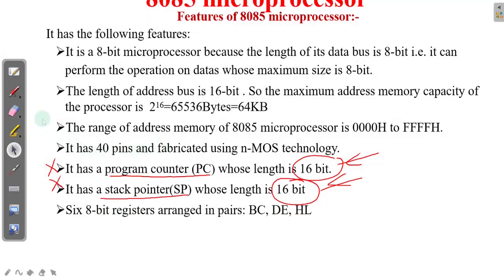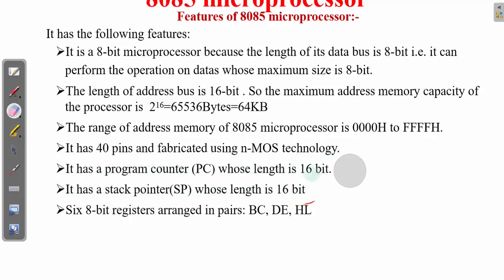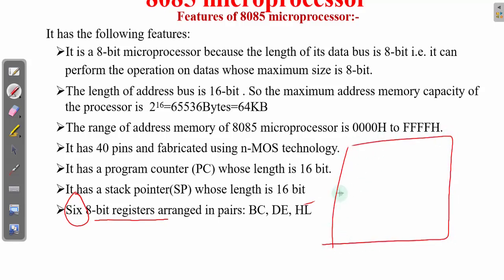The next point is again important, and I'll explain it now. The microprocessor 8085 has six 8-bit registers. How many registers? Six 8-bit registers. If I draw the block diagram of the microprocessor again, you know that it contains an ALU, a control unit and registers.